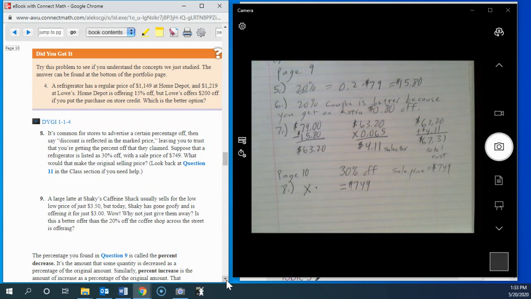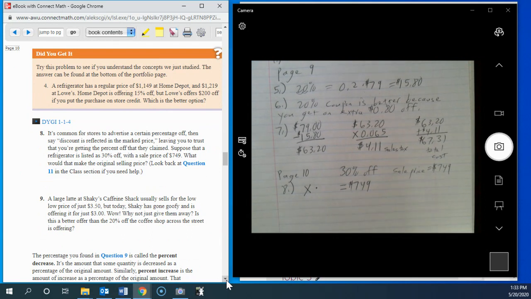Now, the reason why I left that blank is because we're told that we get 30% off. A lot of people would feel compelled to use the 30% that we see in the problem. But the 30% off is not going to help us with this. It'll actually give us a number too large for this problem.